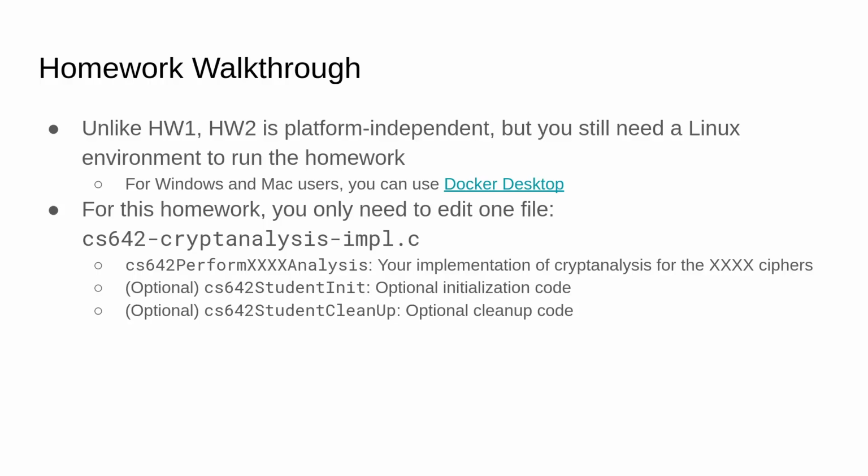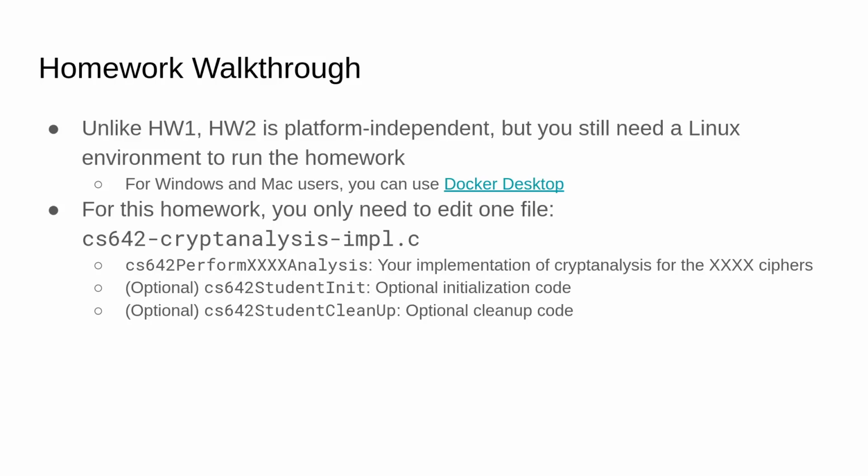For this homework, you only need to edit a file called CS642-cryptanalysis-implement.c. This file includes 4 functions, CS642 perform blah blah blah analysis, that you need to implement for the 4 ciphers that I just mentioned.